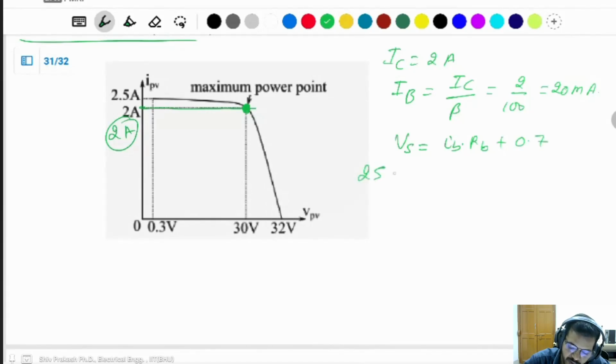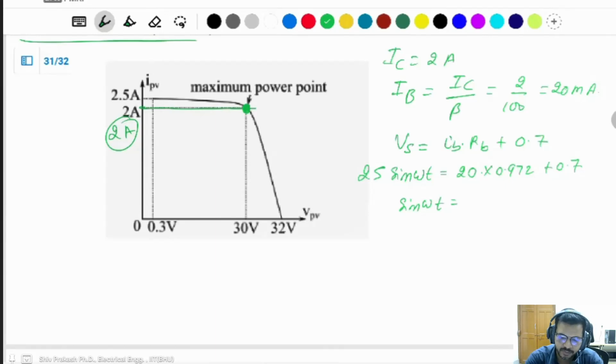Vm is 25 sin omega t is equal to IB, 20 milliampere, RB 0.972, plus 0.7. So sin omega t is 0.8056.